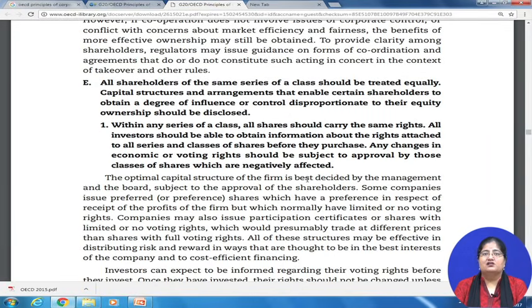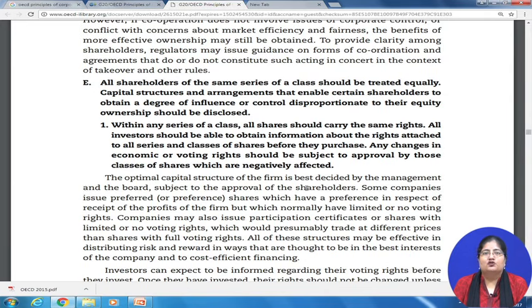All shareholders of the same series of a class should be treated equally. Capital structures and arrangements that enable certain shareholders to obtain a degree of influence or control disproportionate to their equity ownership should be disclosed. Within any series of a class, all shares should carry the same rights.